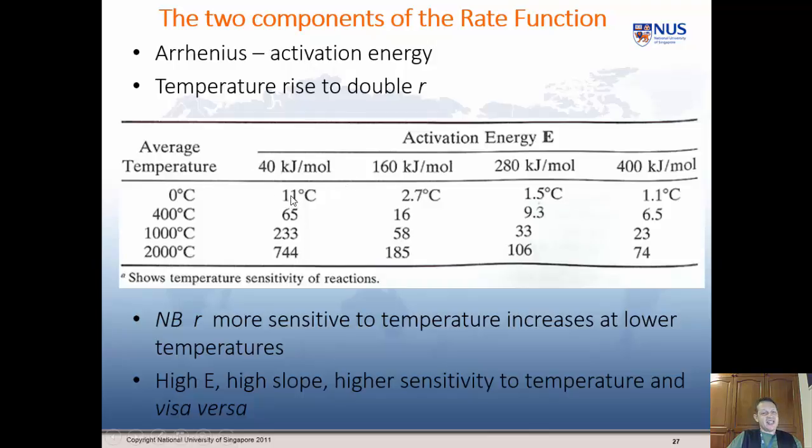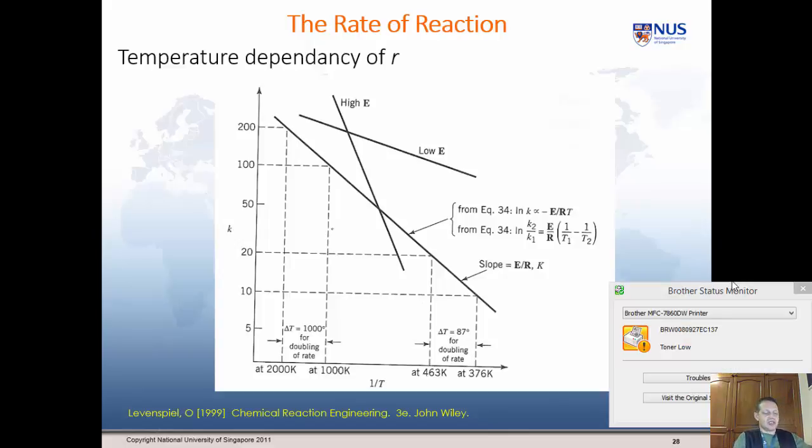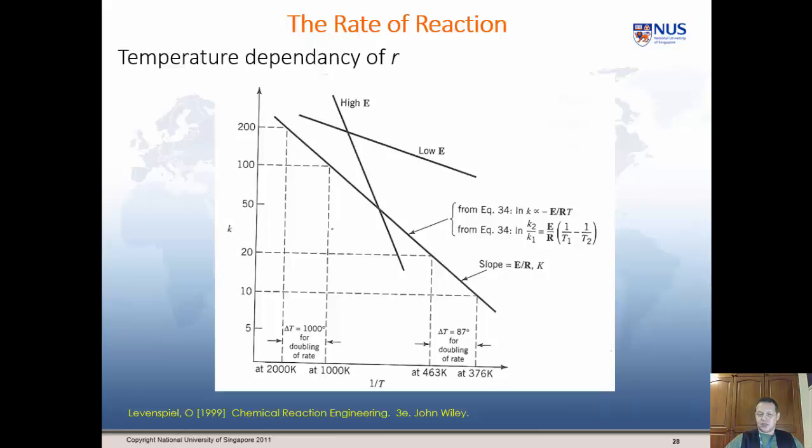At 0, it only takes 11 centigrade to double the reaction rate. But at 400, it takes 65, and 1000, it takes, and so on and so forth. So 2 things. The higher the activation energy, the more sensitive the reaction is to temperature, and the lower the temperature, the more sensitive the reaction is to temperature.